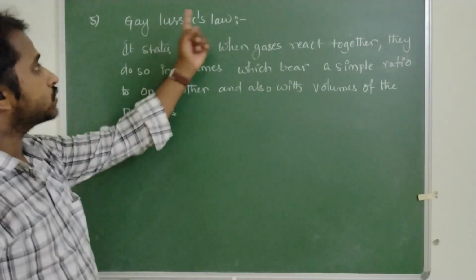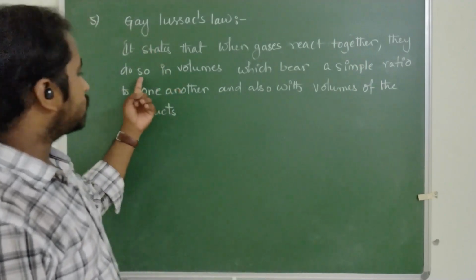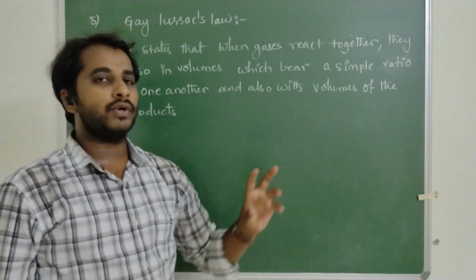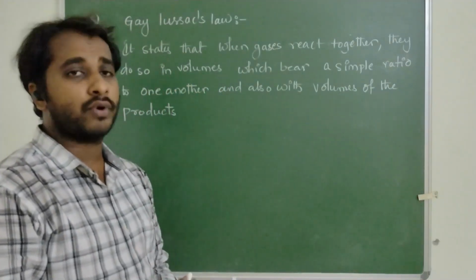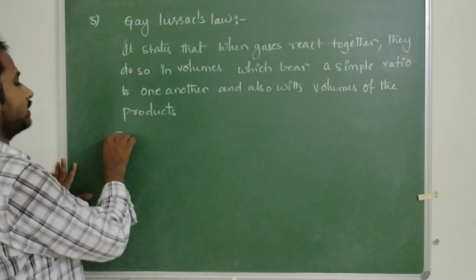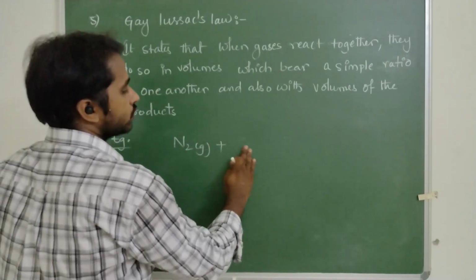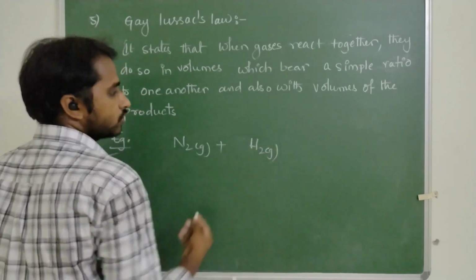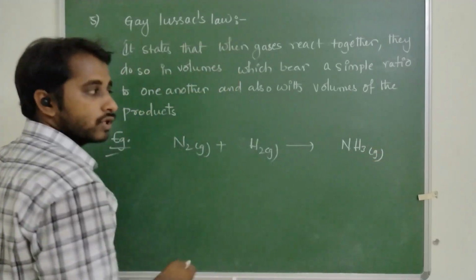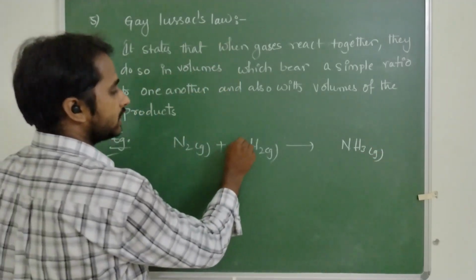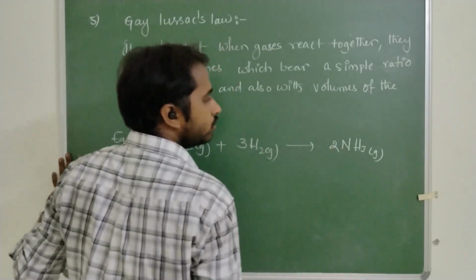Fifth law, Gay-Lussac's law. It states that when gases react together, they do so in volumes that are in a simple ratio with the volumes of reactants and products also. For example, N2 gas and H2 gas react to form the gas product ammonia. The balanced equation is N2 plus 3H2 gives 2NH3.